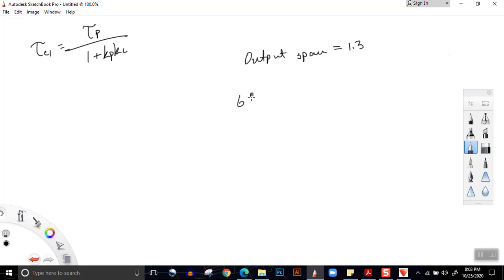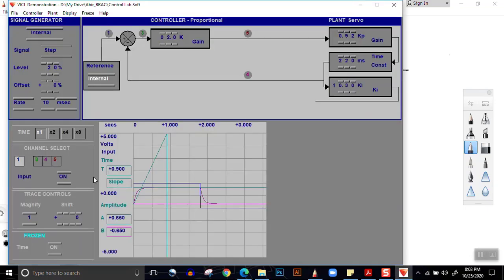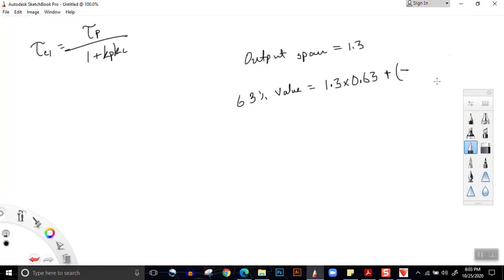So our 63% value is equal to 1.3 into 0.63 plus minus 0.65. If we do that, minus 0.65 plus 1.3 into 0.63, the value that we obtained is 0.169.